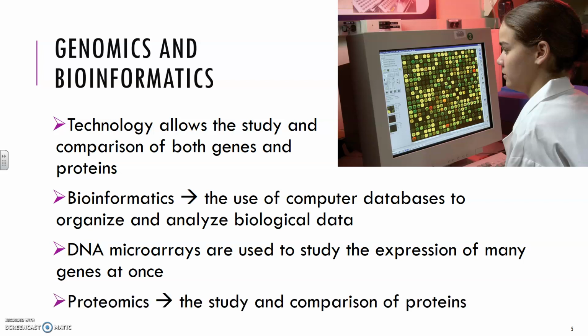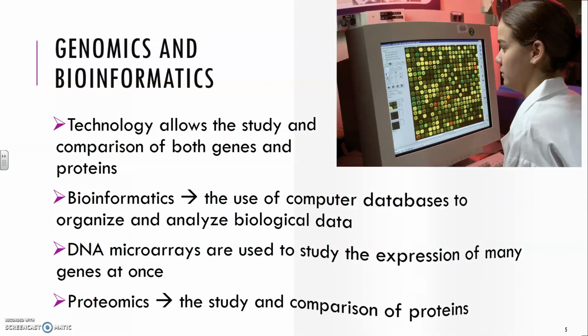And then you also have proteomics, which is the study and comparison of proteins on their own. So bioinformatics uses computer databases to organize and analyze this data, and proteomics is comparisons of proteins specifically.